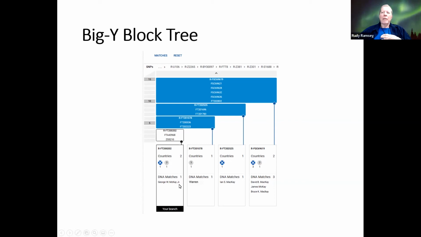And it has an exact match. That is to say, from the point of view of SNPs, that's George, who's also in our study. And we two, and nobody else yet, form a haplogroup called, instead of 1, 2, and 3 like I was using a minute ago, RFT200202. This is a haplogroup with only 2 of us in it at present.